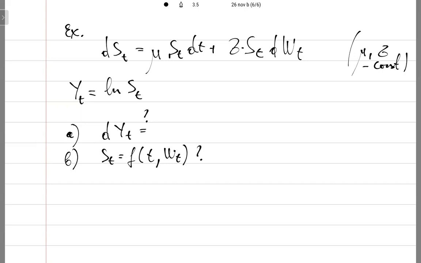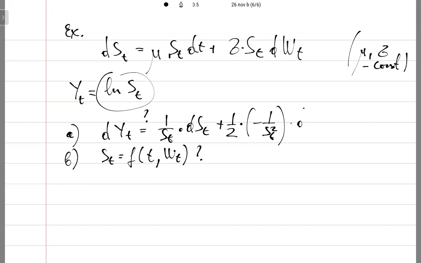Yes. Okay, let's apply Ito's lemma. So I take the first derivative with respect to s. So the first derivative is 1 over St times dSt plus 1 over 2 times the second derivative. What is the second derivative of logarithm? Minus 1 over St squared. Exactly. Times dSt squared.